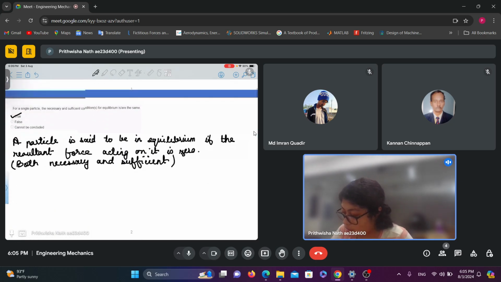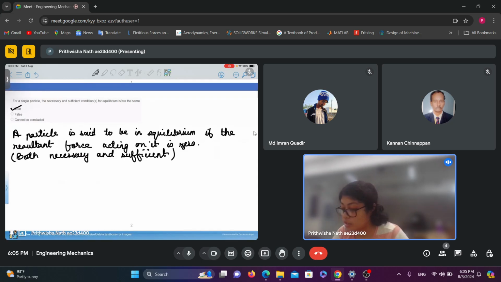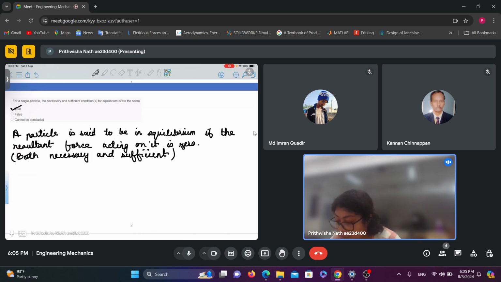So I'll just go through the questions once more. For the first question, it is asked for a single particle, the necessary and sufficient condition for equilibrium is or are the same. So we know that for a particle to be in equilibrium, the resultant force acting on it should be 0.